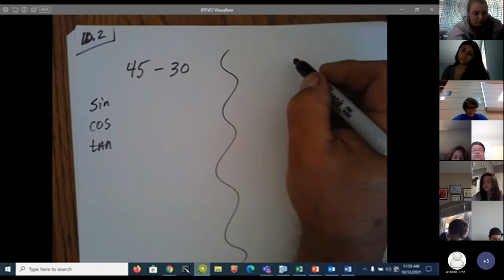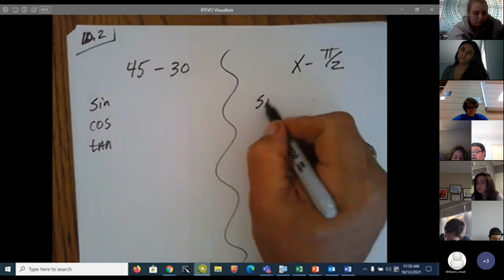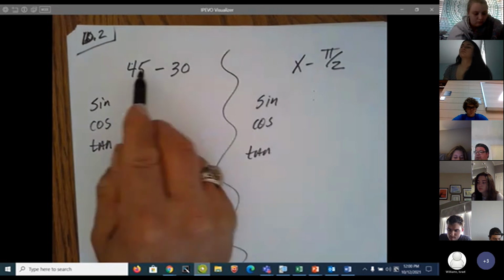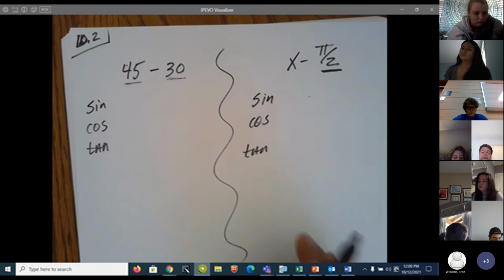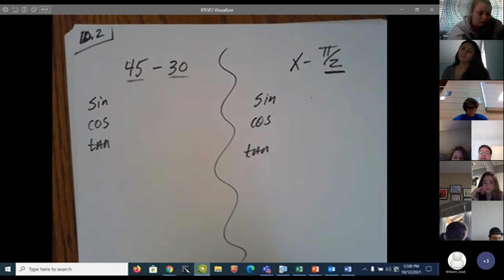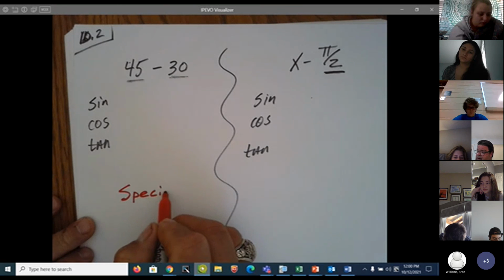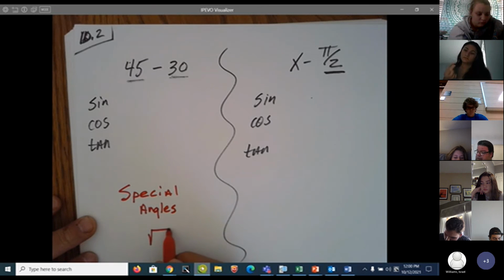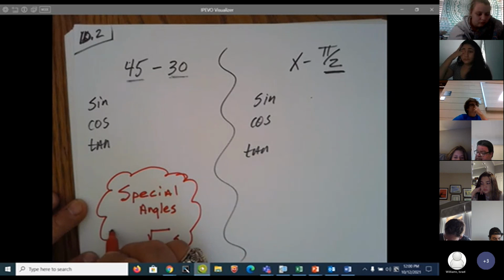And then I will give you something like x minus pi over 2. And you would do either the sine, cosine, or tangent sum and difference identities with 2 numbers or with 1 angle. Now you got to remember to do one thing. You got to remember at the end to use your special angles after you get it all worked out, and to leave in terms of radicals, meaning exact.